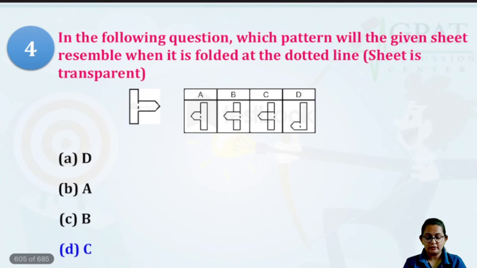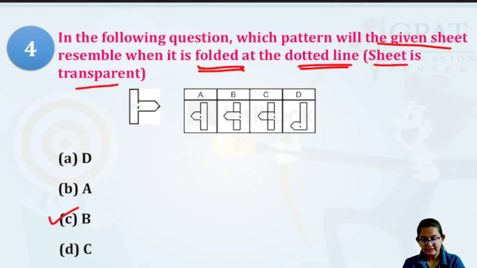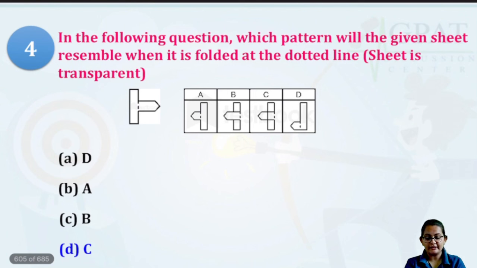So, not option C, but diagram number C. This way you have to check whether the options resemble what we are talking about. Based on this statement, you have to read your questions very carefully. Please read your question very carefully and analyze it in your mind first, and then try to solve it.